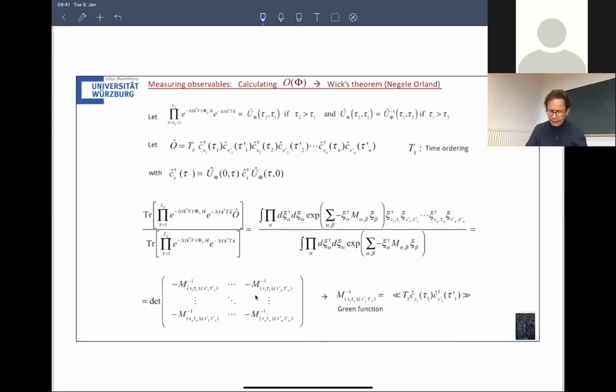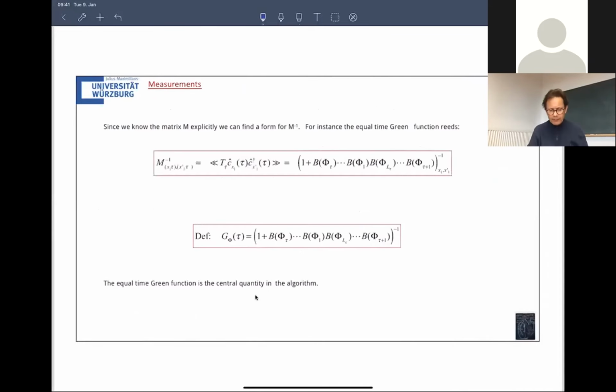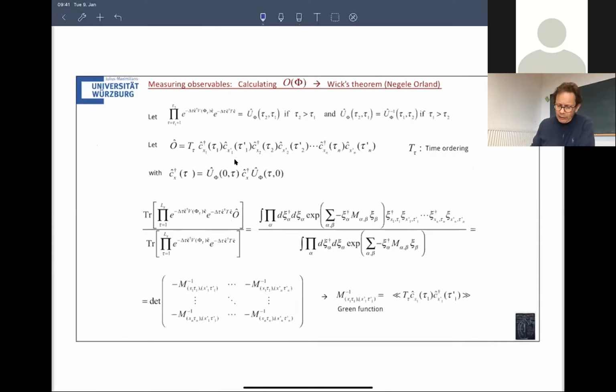So the only thing I need is the single particle Green's function. And the single particle Green's function is given by this, so M minus 1 is given by this object. You can see this very quickly by doing the calculation here for n equals 1.